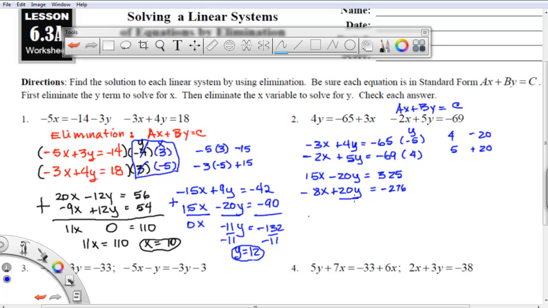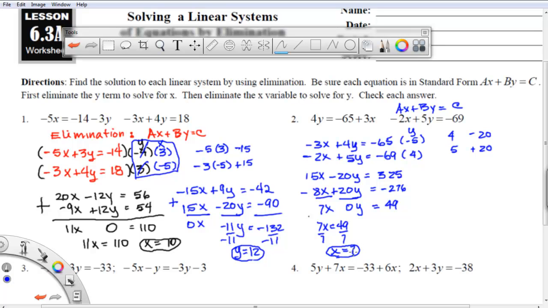Now that I've done that, I know that's going to be the 0y that I want, and then my x will be 7x, and my constant will be 49. So 7x equals 49. Divide each side by 7, so that tells me my x is 7.